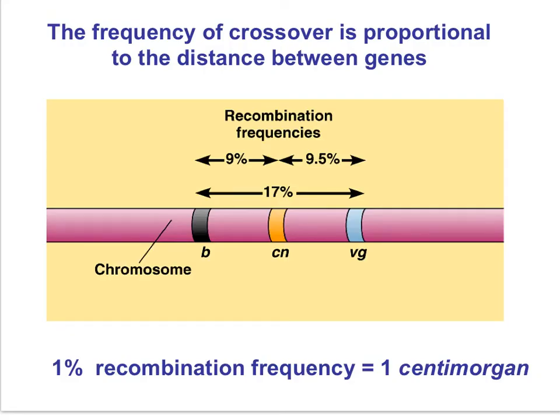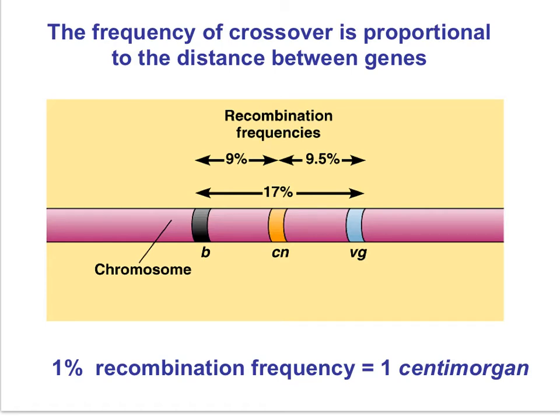One last note on crossover. When following two genes, as I have been doing here with the F and A genes, the frequency of crossover between them depends on their respective distance along the chromosome. If the genes are far apart, then crossover will be more frequent than if they are close together.